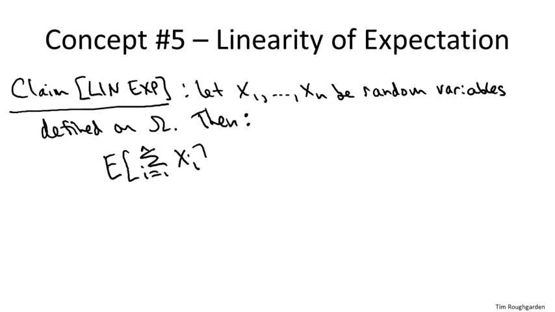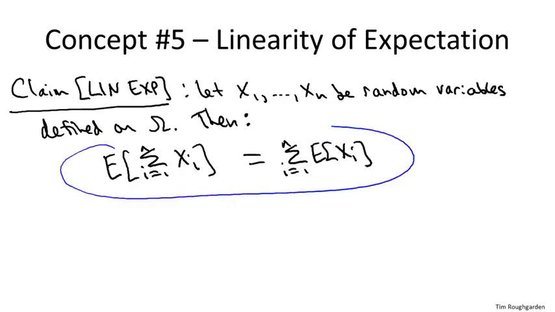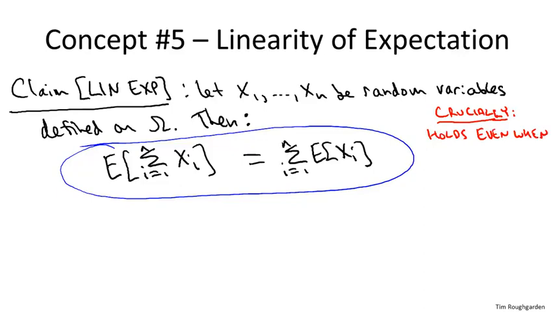That is, the expected value of a sum of random variables is equal to the sum of the expectations of the individual random variables. And one of the reasons linearity of expectation is so ubiquitously useful is because it always works, no matter what these random variables are. In particular, even when the random variables are not independent.